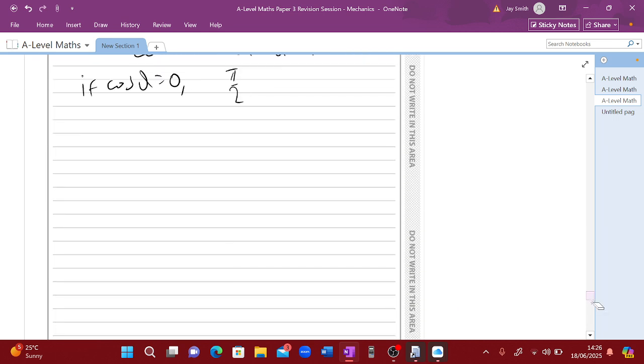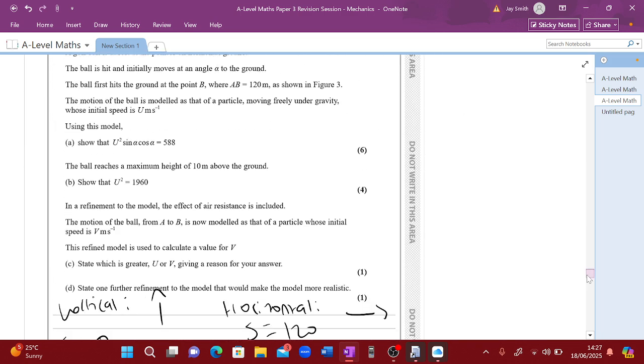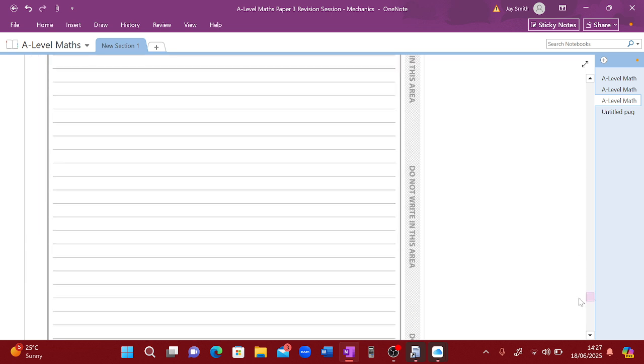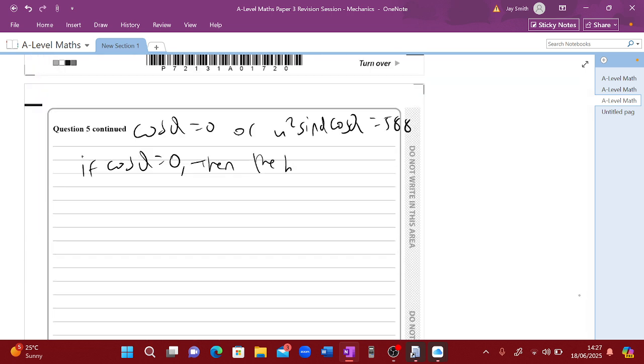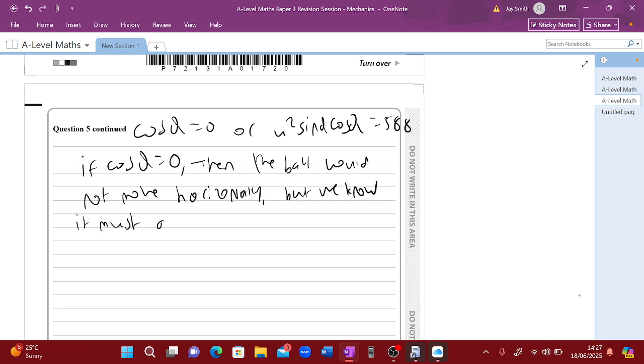So if u equals 0, then what's the thing that's been flung? The ball. Then the ball would not move horizontally, but we know it must in order to travel 120 meters horizontally.